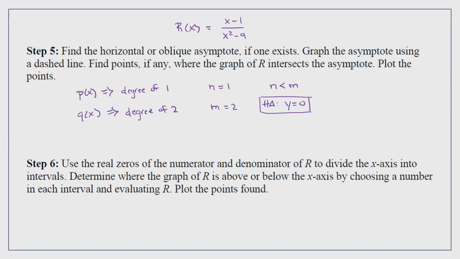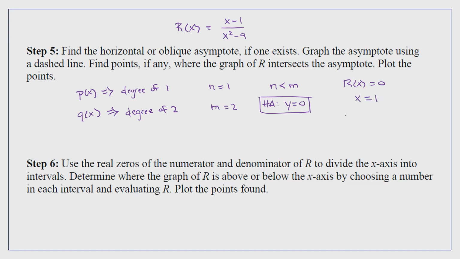So now we want to determine if there is a point on the graph that intersects with this asymptote. Okay. And so to find that, we're going to set y equal to 0 and identify the x value for this point. So R of x equals 0 is similar to us finding the x-intercept. And when we found that in the previous step, I believe it was step number 3, we got x equals 1.